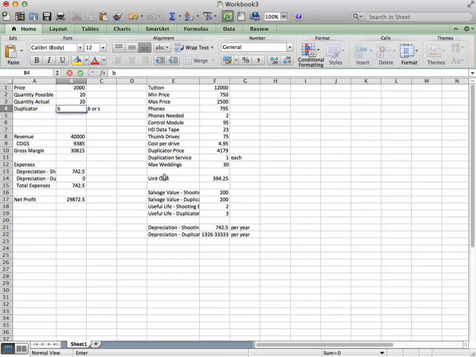So if we buy it, we clear $30,000. But if we use the service, we clear $29,000. So there's really not a huge difference for those. Now, if I change this price here, the cost per drive, I will get the numbers that we would see instead for the other price that was in the test. So either way, you have the answer you need.